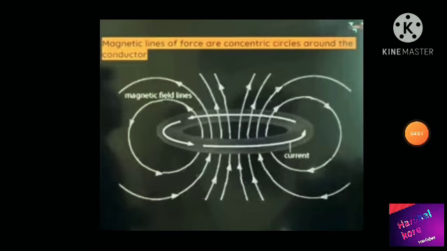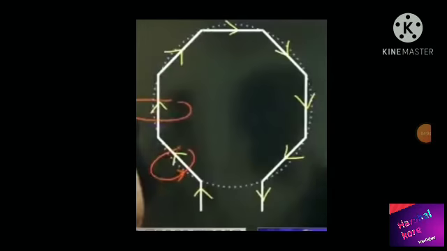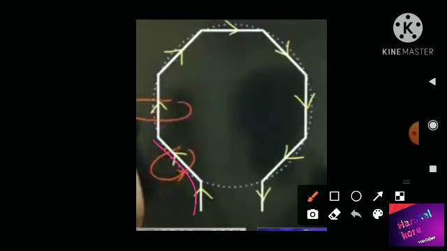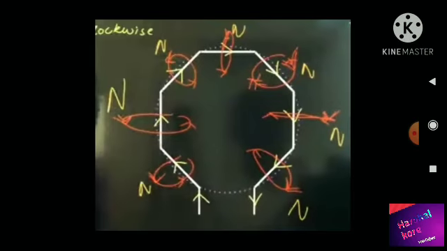We saw a circular loop, but if we connect the wire in a shape like a hexagon or pentagon, and the current flowing is clockwise, what happens when we switch on the circuit and pass the current clockwise through this shaped wire?